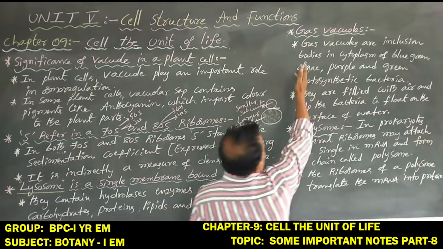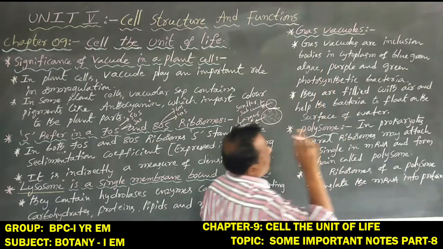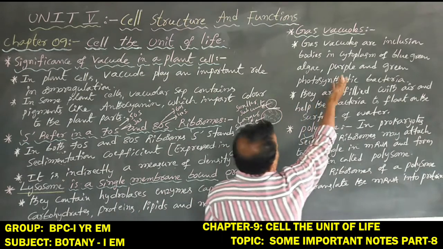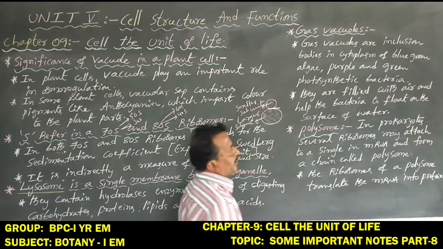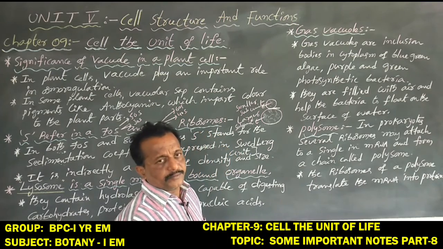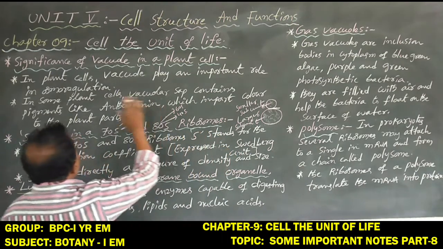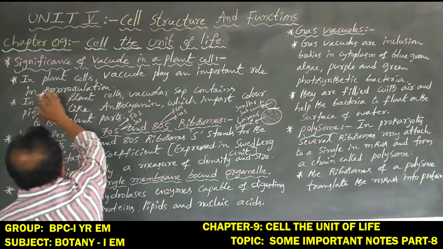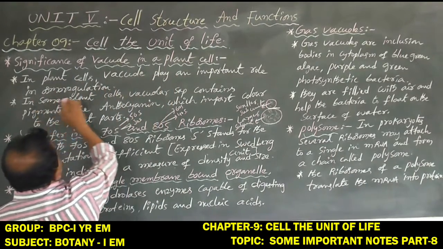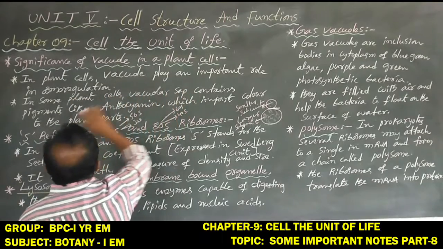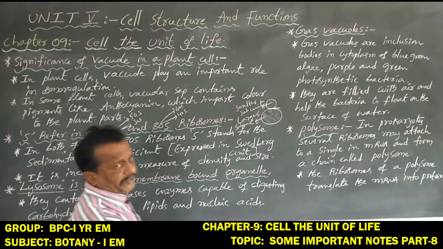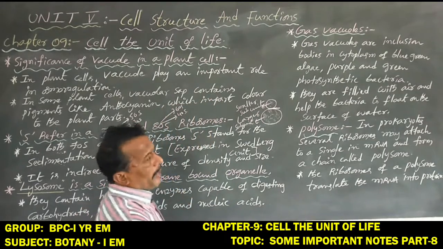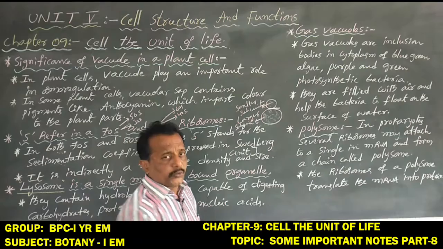Gas vacuoles are inclusion bodies in the cytoplasm of blue-green algae, purple and green photosynthetic bacteria. Don't confuse here. In plant cells, vacuoles play an important role in osmoregulation, and in some plant cells, vacuoles contain pigments like anthocyanin, which impart color to the plant parts. That is the importance of vacuole.